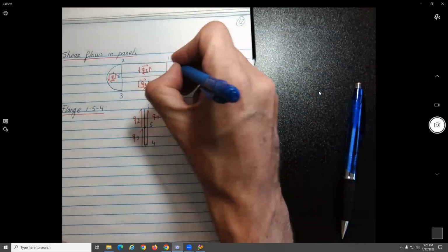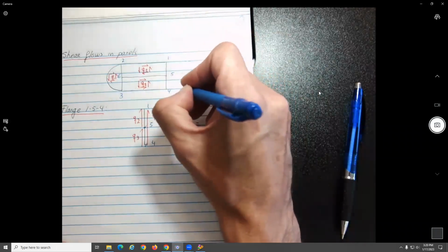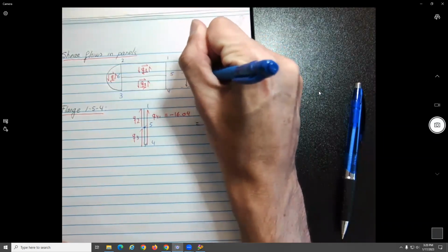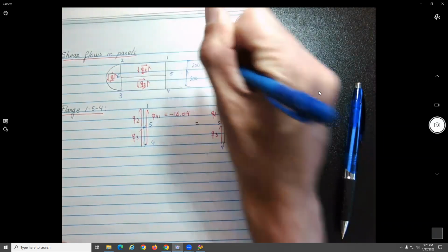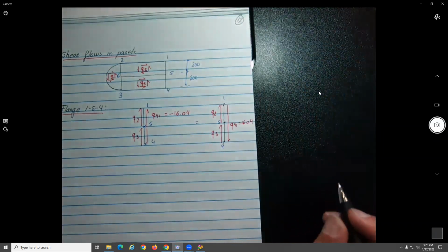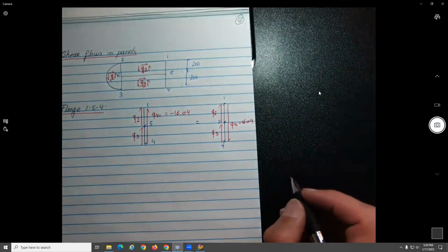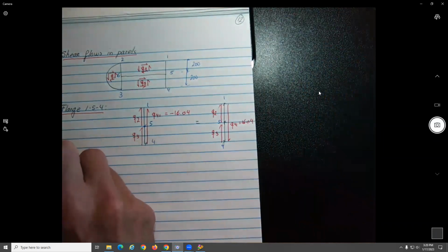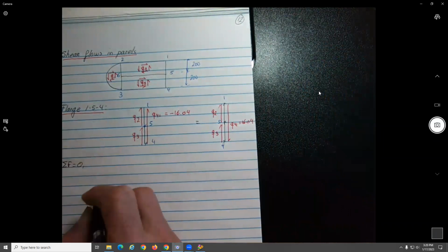Okay, so for me, I think it's easier. And remember, this is 200, and this is 200, the distances. So once again, if we do the summation of forces in the vertical direction, what are we going to get?